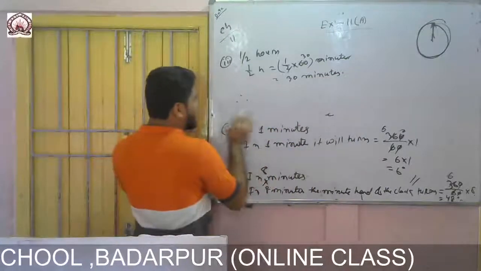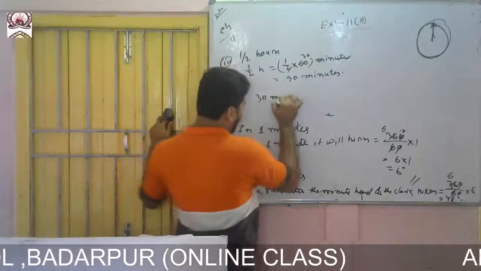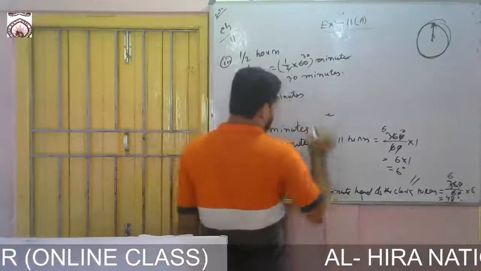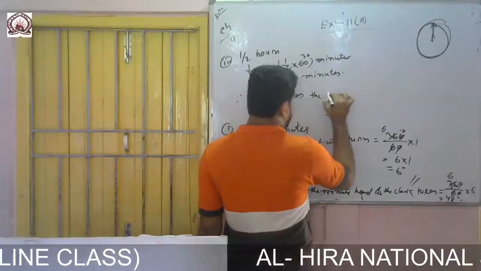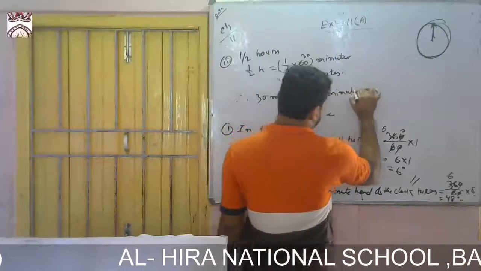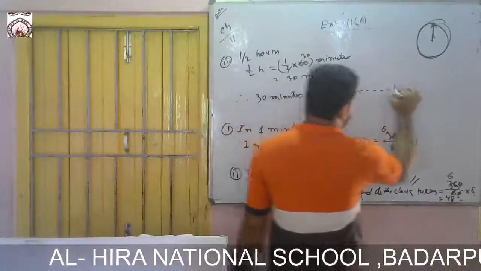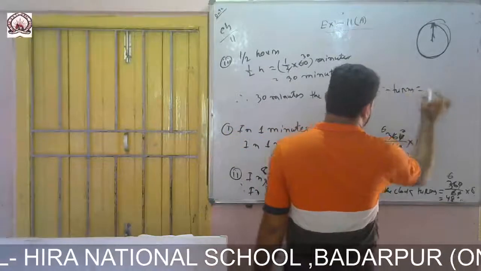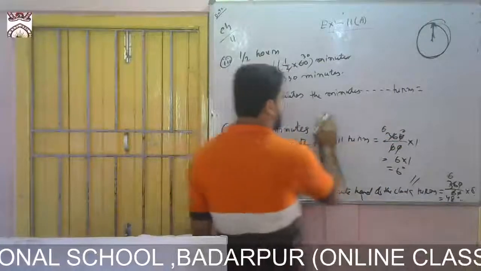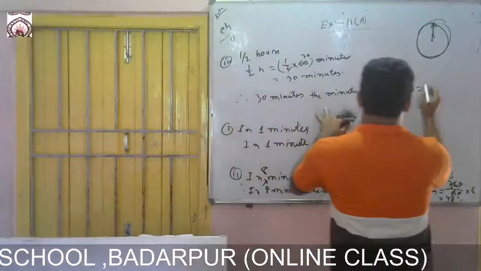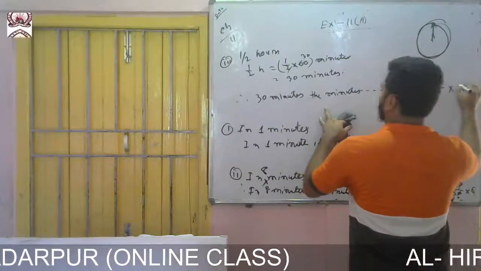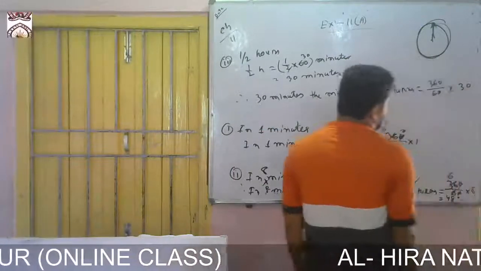Therefore, in 30 minutes, the minute hand of the clock will turn, you write the full line like this, the minute hand of the clock will turn how much? 360 degree by 60 into 30.